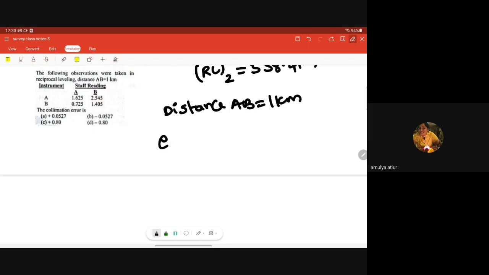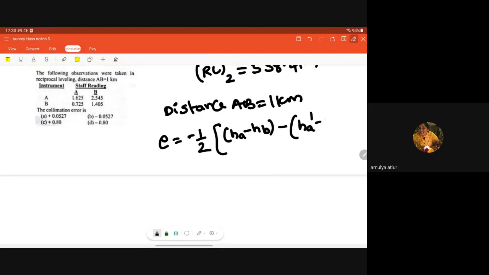So how do we calculate error in reciprocal leveling? Error is equal to minus 1 by 2 into HA minus HB minus HA dash minus HB dash, right?